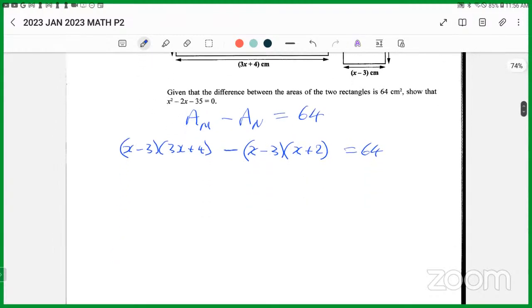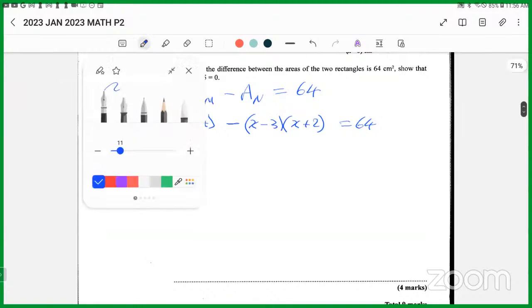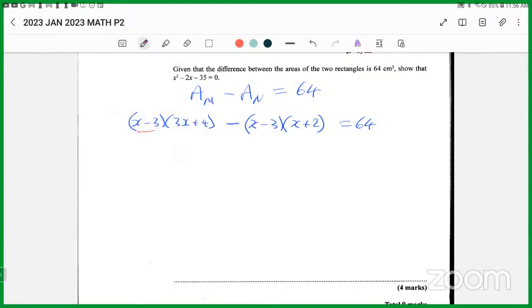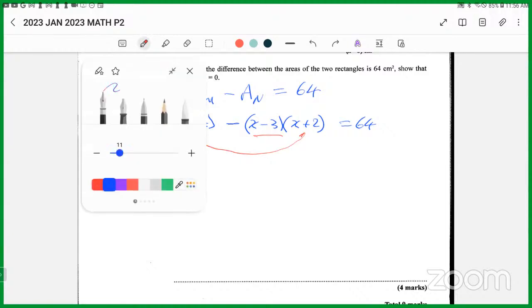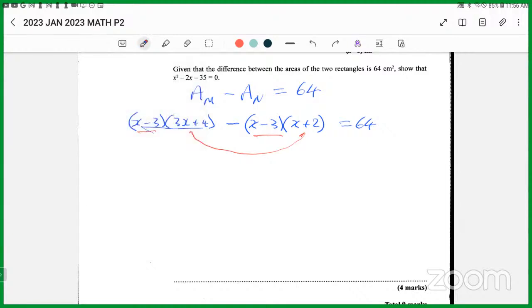This can be done multiple ways. I can treat x minus 3 as a common factor and put these 2 together with this minus sign. Let's do it that way. More maths equals better maths. Or I could expand this out and expand that out, but I'm going to do it the way I just told you. I put x minus 3 as a common factor, and in the bracket I end up with this minus that.